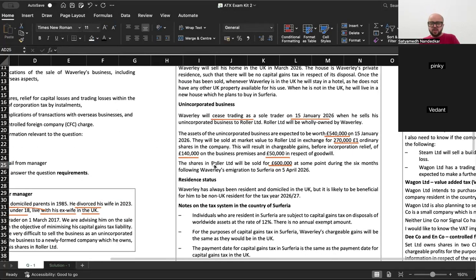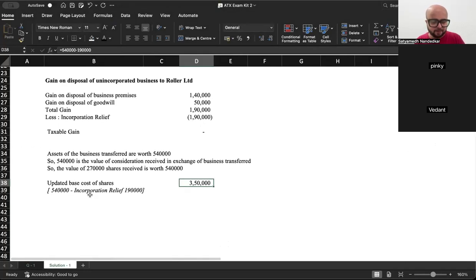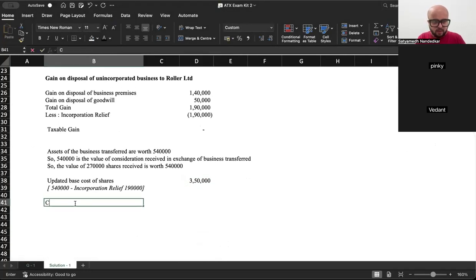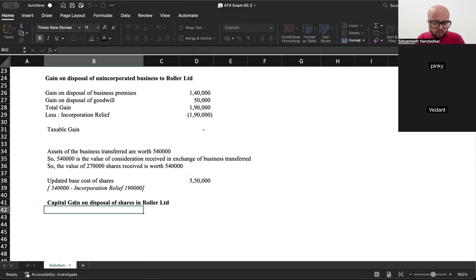Now the shares in Roller Limited are sold for how much? Shares in Roller Limited are sold for 6 lakh. So what is the amount of capital gain? Capital gain on disposal of shares in Roller Limited.